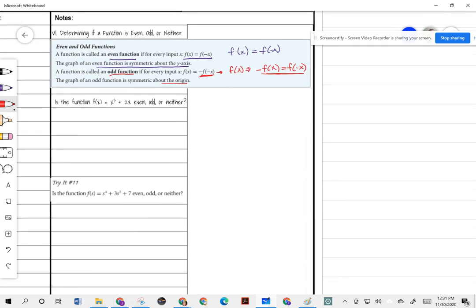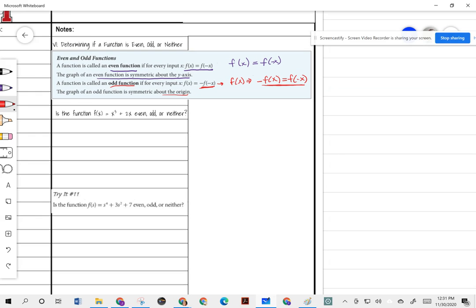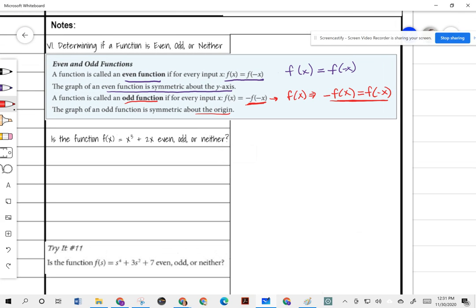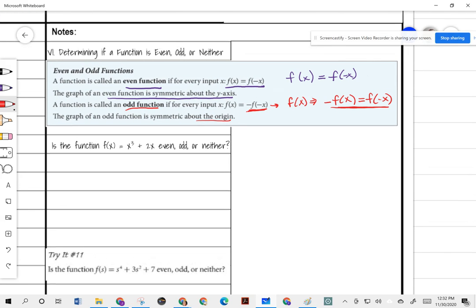All right. So if I give you a graph, you can look at the symmetry, but right now I'm giving you an equation. So what we need to do is do this from an algebraic perspective. So we know that we need to compare f of x. So here's f of x, you just write that down, x cubed plus 2x.